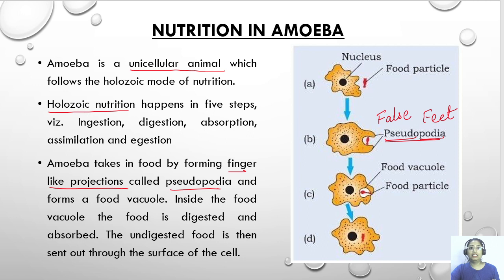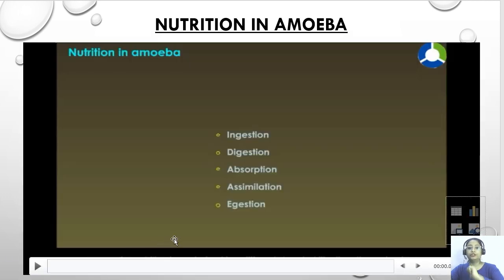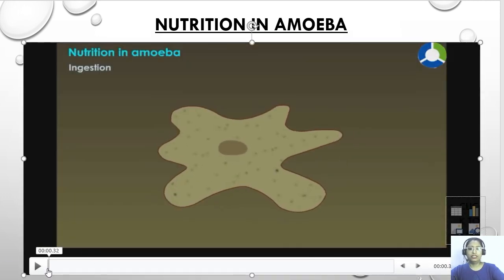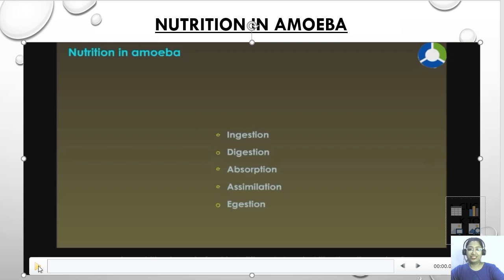And finally, the last step is egestion, in which amoeba throws out all the waste material from its cell by the process of exocytosis. Okay, so now I'm going to show you a very small video for your better understanding.